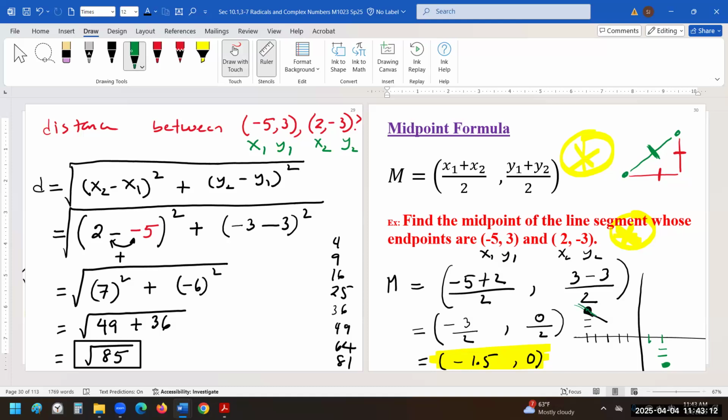Okay, no problem. Let me try doing it here. So if you draw the line between them, this one here, -1.5, 0, is exactly the middle between these 2 points. So this is what we did. This is our middle point here. It took the half of the x values and it took the half of the y values, and you got the result.